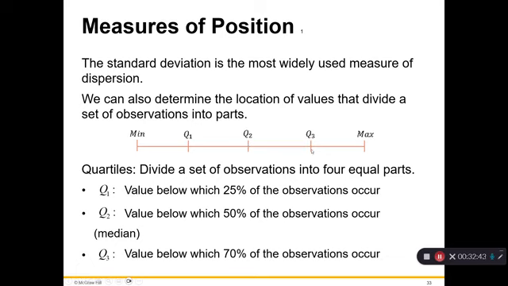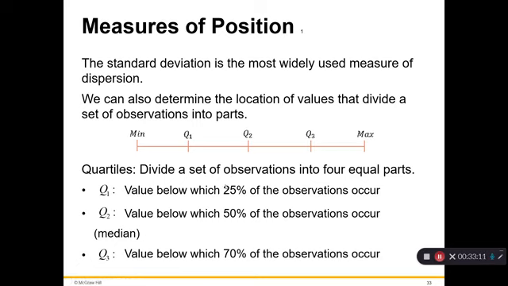Then Q3 is 75%, right? And this is the max. This is the minimum of the data values. This is a very basic way of measuring the position of dispersion data.